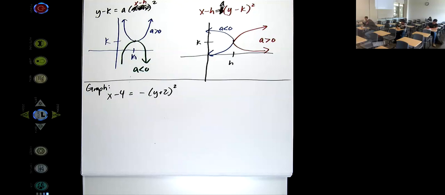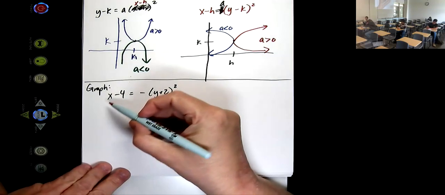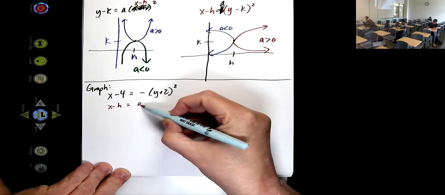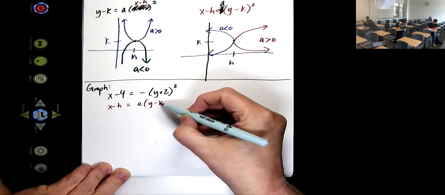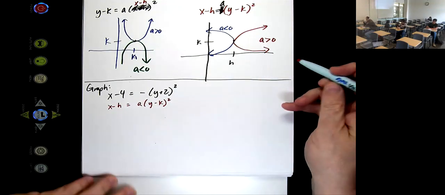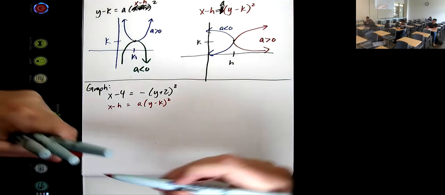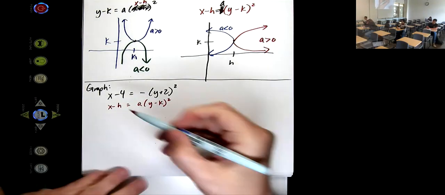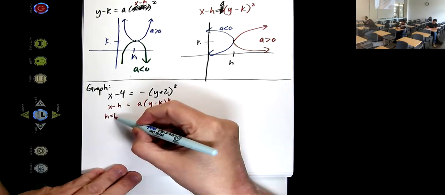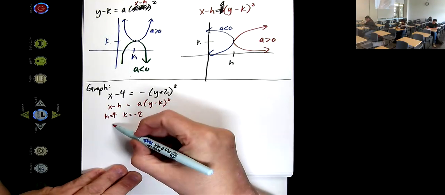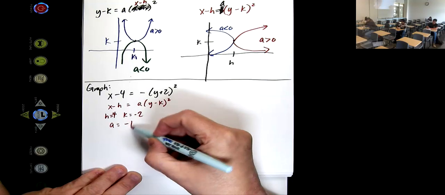So let's match that up with our x minus h equals a times y minus k squared and see what we get. Looks like I'm getting h equals 4, k equals negative 2, and a is negative 1.